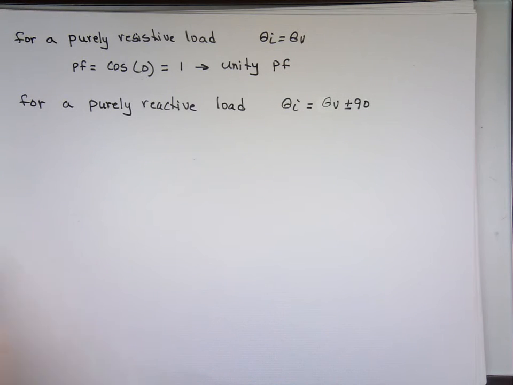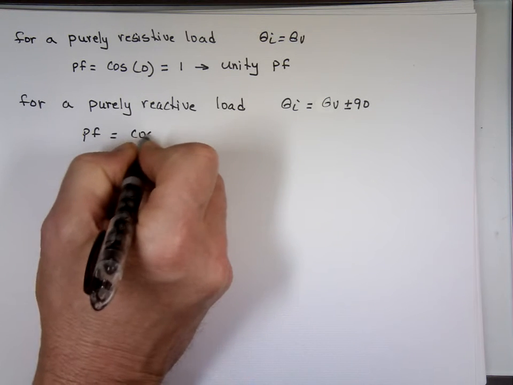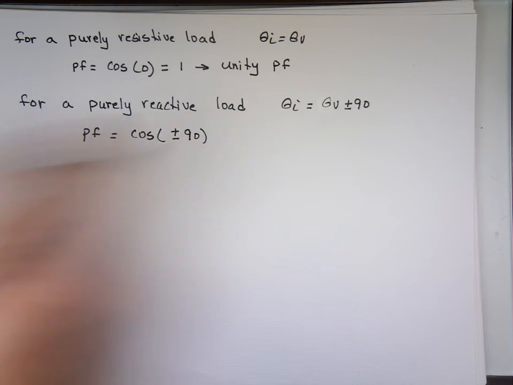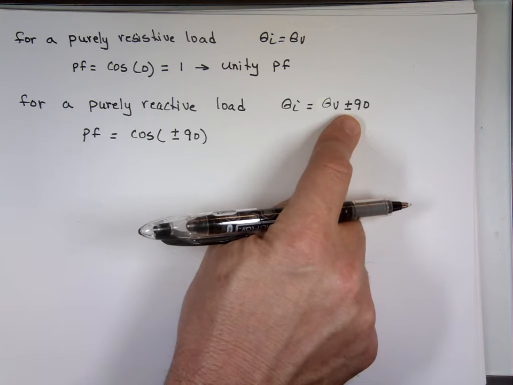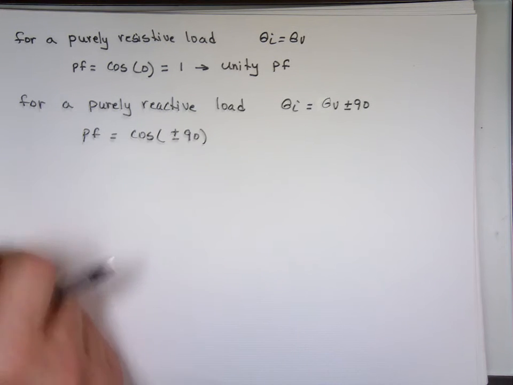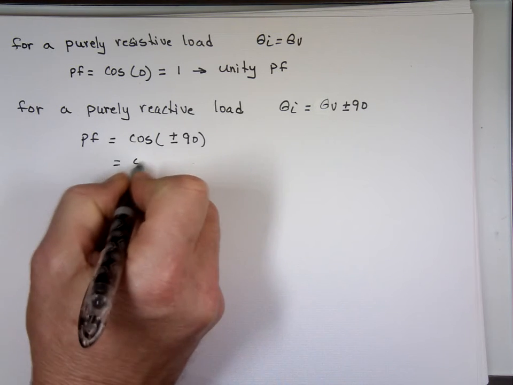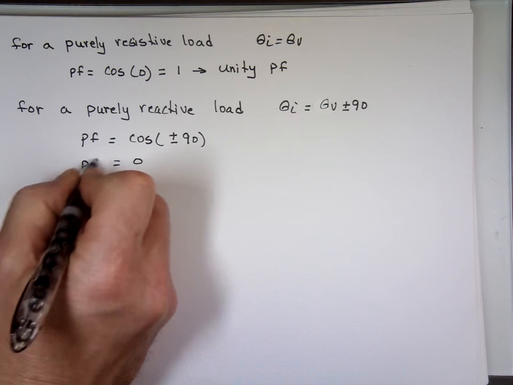So the power factor for them is going to be cosine of plus or minus 90 degrees when you subtract the two values, theta V minus theta I. Well, either way, what's cosine of plus 90 degrees or minus 90 degrees? Cosine of 90 or minus 90 is 0. You have a power factor of 0.